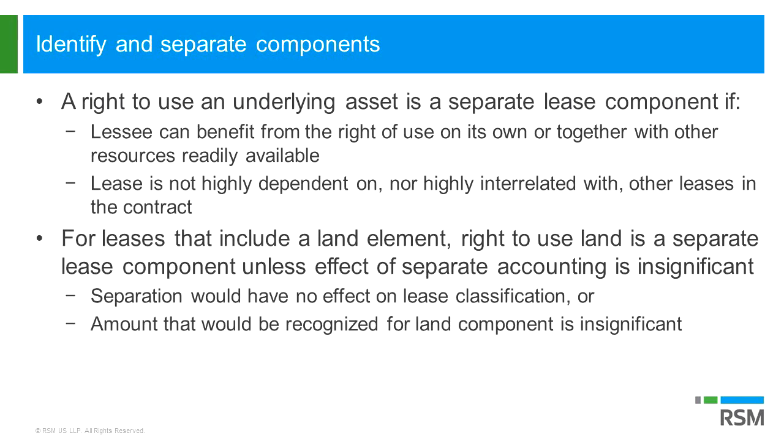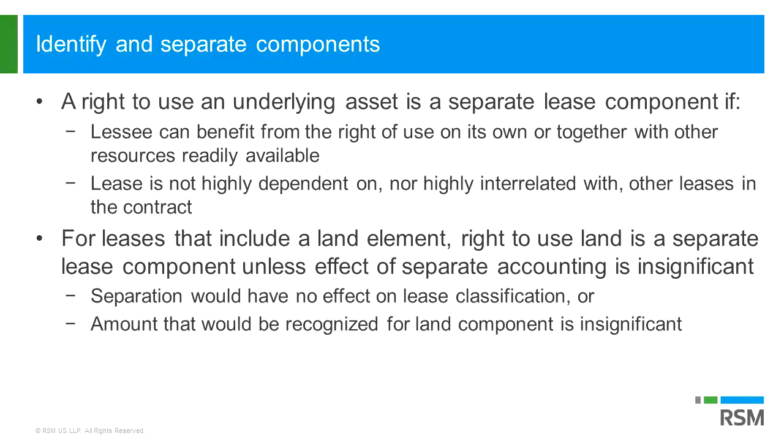A right to use an underlying asset is a separate lease component if both of the criteria are met. If one or both are not met, the right to use multiple assets is a single lease component. These criteria are based on the criteria in ASC 606.